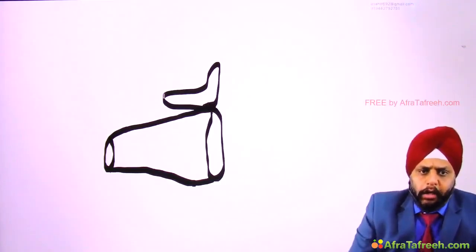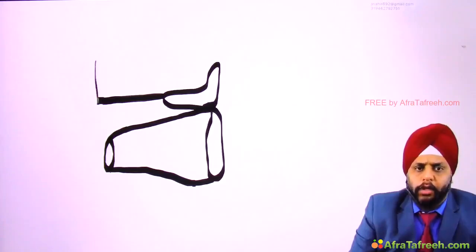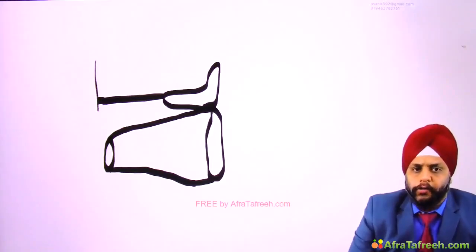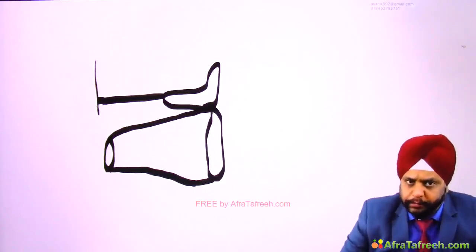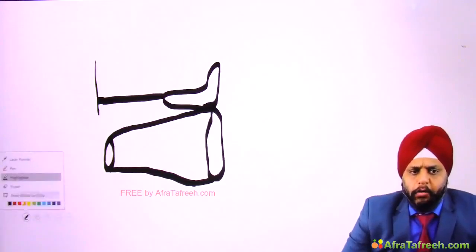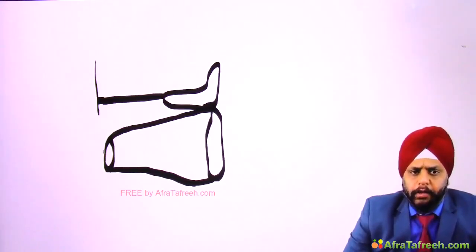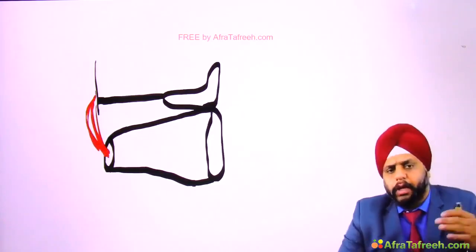From the arytenoid cartilage, we have the vocal fold that goes and attaches to the thyroid cartilage. That is clear to everyone, right? Now, from the cricoid cartilage on the anterior surface, we have a muscle, which is the cricothyroid muscle. It is on the external surface.